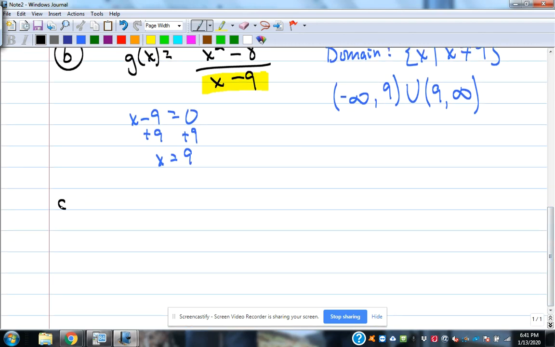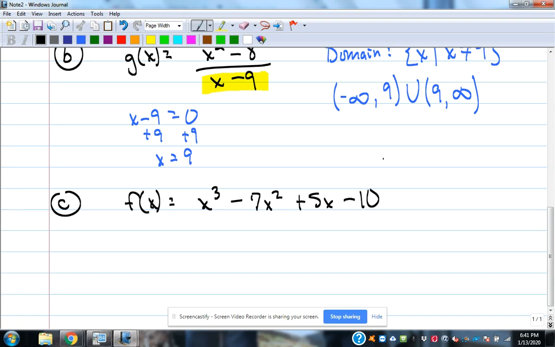One last one. Let's say we had f of x is equal to x to the third power minus 7x squared plus 5x minus 10. Does that have either of the red flags in it?